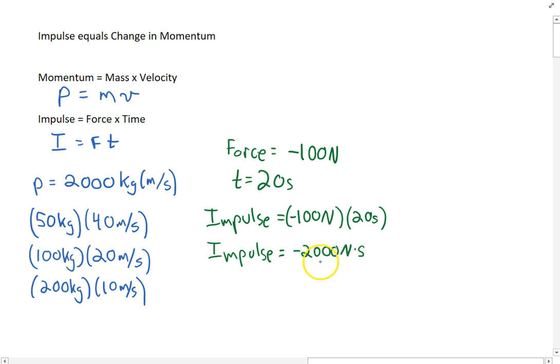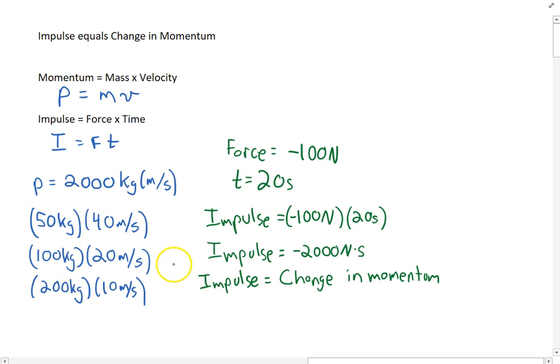Now, negative 2,000. 2,000 is familiar because that comes from my momentum. And my impulse here actually equals my change in momentum. So my momentum went from 2,000 kilogram meters per second, and it changed by negative 2,000.